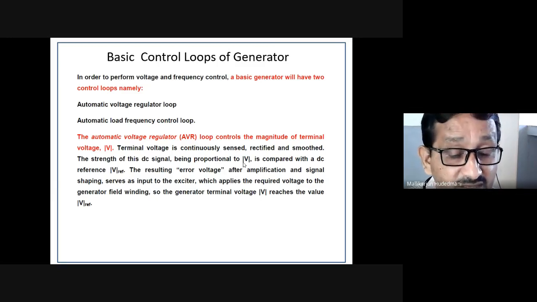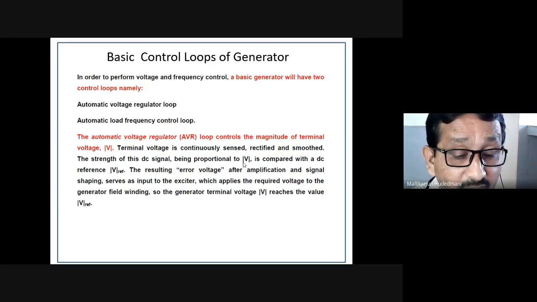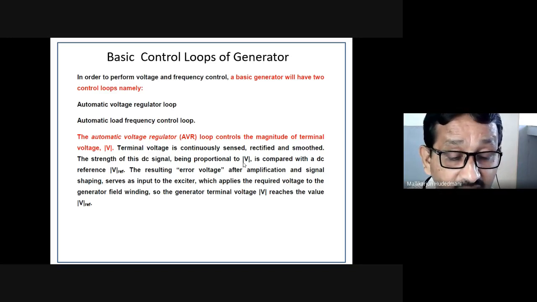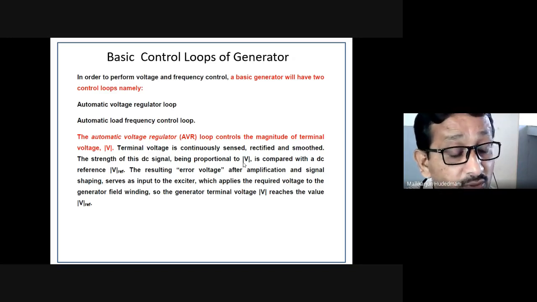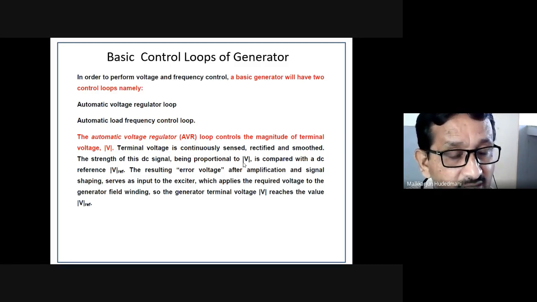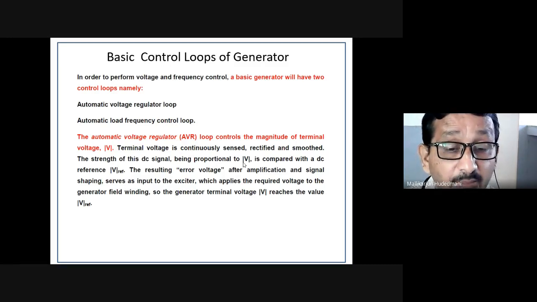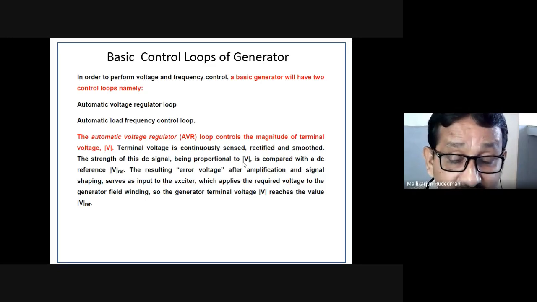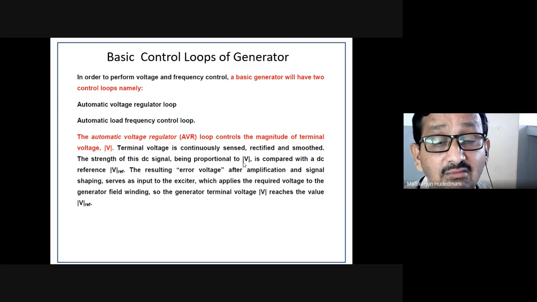If the measured value is less than the required set point, what does it indicate? The terminal voltage has fallen down. If that has fallen down, the upcoming control action is to control the field pole magnetization. Field pole supply properly, adjusted such that there is a shift in voltage in the next measurement.